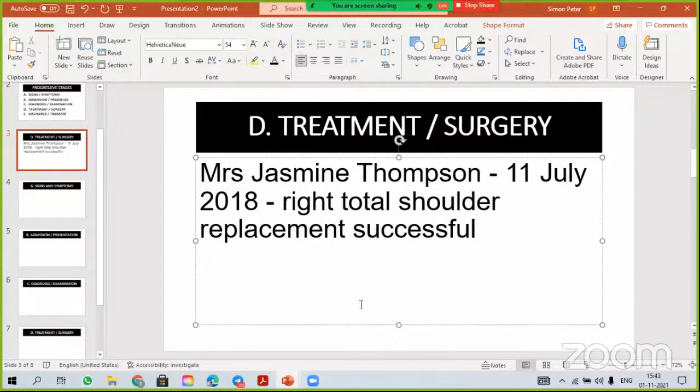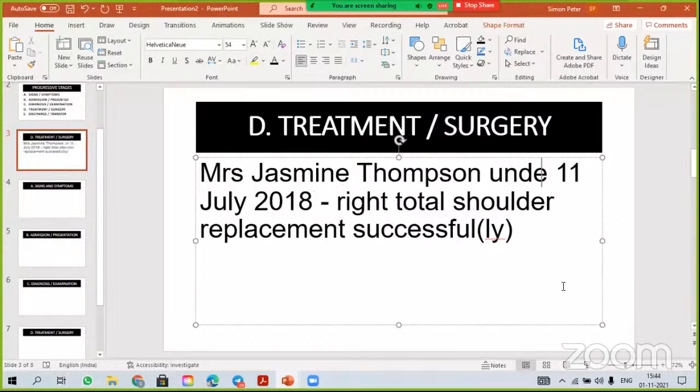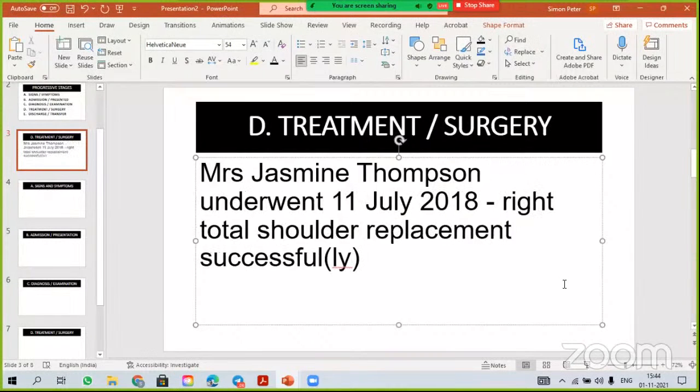Successful. So you can use the word successful or you can use the word successfully, whichever you want. Here you can use the word underwent. Past tense. Past tense is underwent.